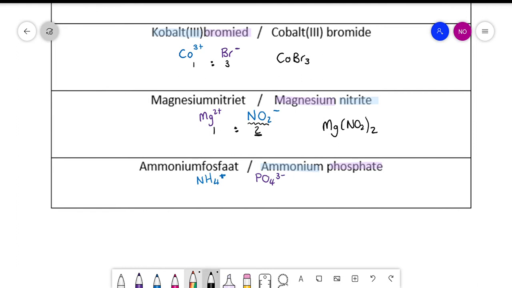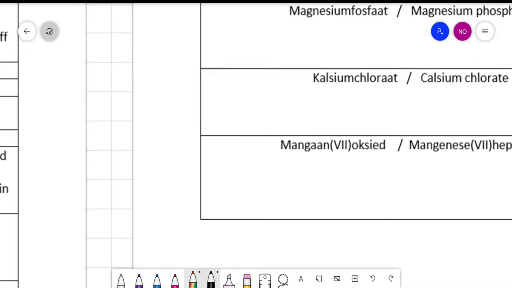So om dit te balanseer, gaan hulle moet wees 3 tot 1. Now note that this is a polyatomic ion, a cation, and you need 3 of them. So it'll be (NH4)3, 3 of those, and 1 phosphate, so I don't have to put it in a bracket. Okay.